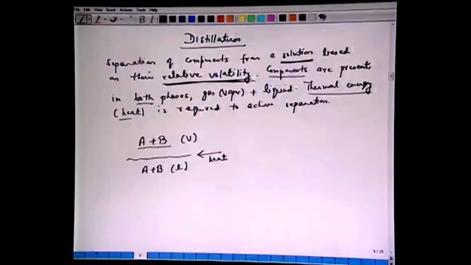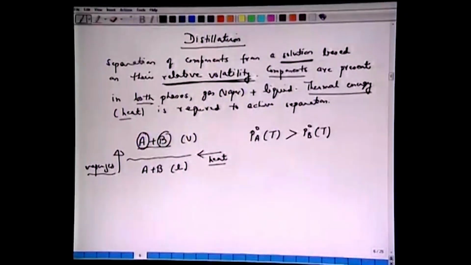So there is no third component, all we have is heat, which vaporizes this liquid. And when it vaporizes, if A is more volatile than B, that means the vapor pressure of A at any temperature is larger than the vapor pressure of B at the same temperature, now we achieve enrichment of this vapor phase with A and small quantities of B.